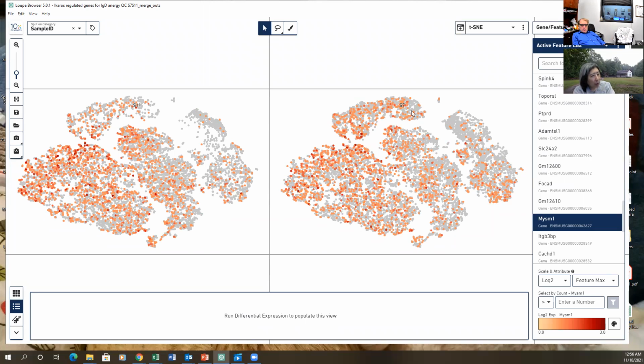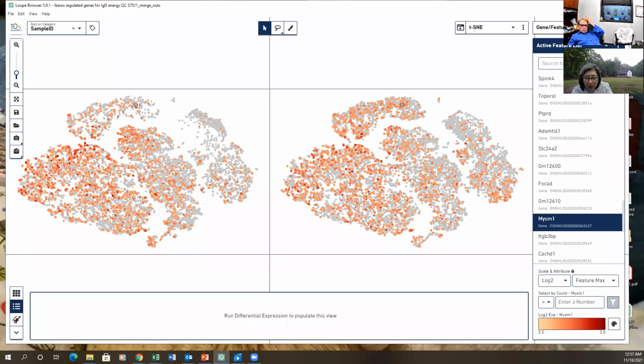And this is the plasma. So wait a minute. Let me make sure. What am I looking at? The knockout. I need to correct myself if I made a mistake. So this is wild type. This is knockout.